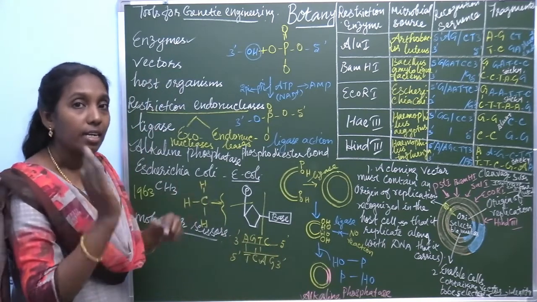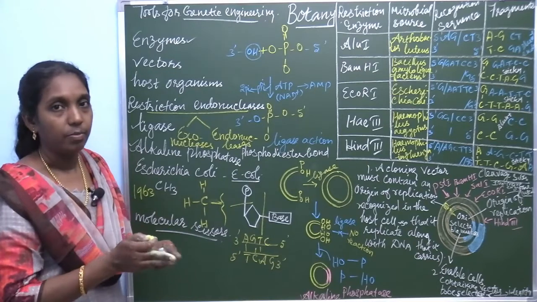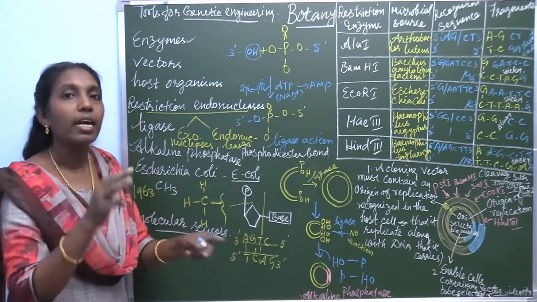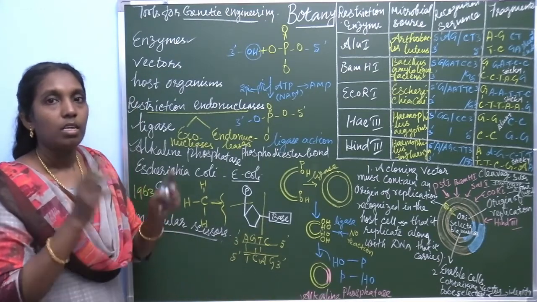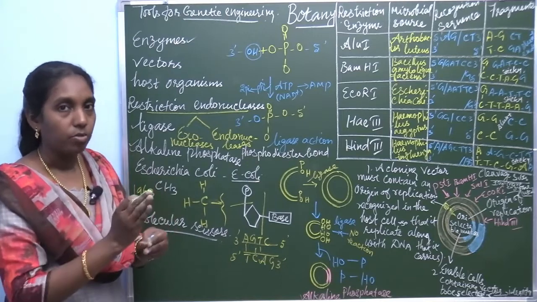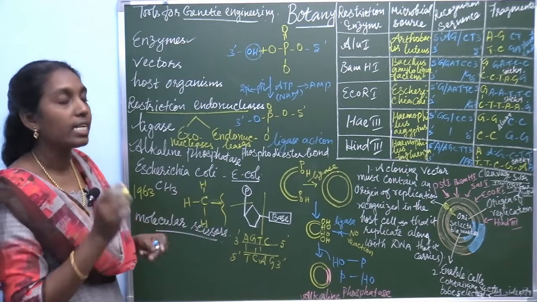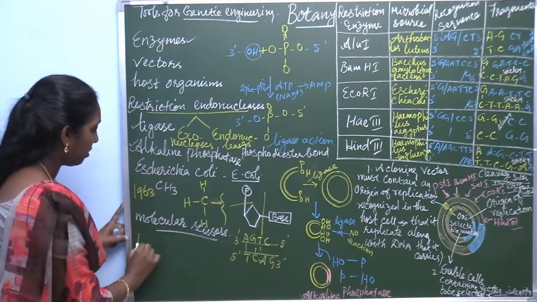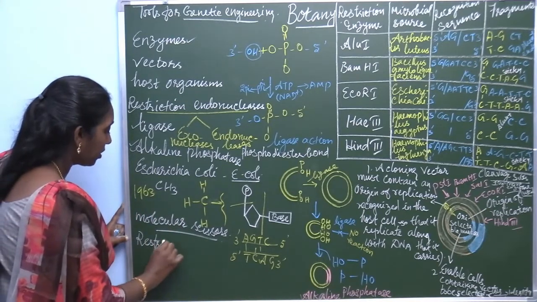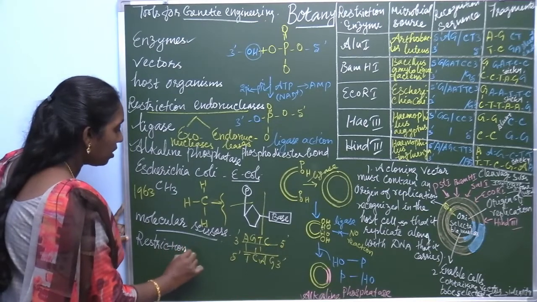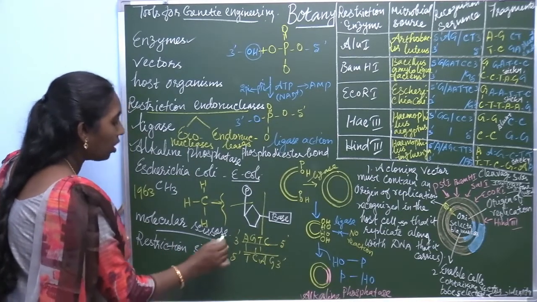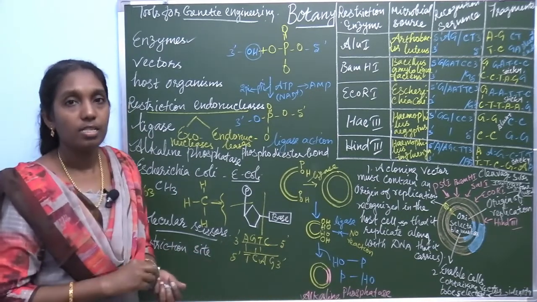So, it recognizes a particular site in the DNA sequence and it cuts. In a particular sequence, the area selected by the restriction enzyme is called the restriction site, or recognition site.